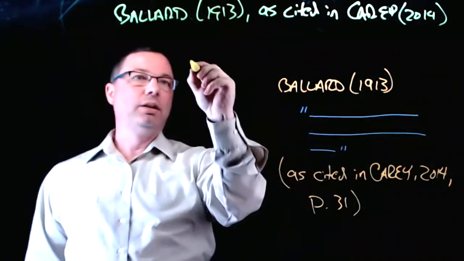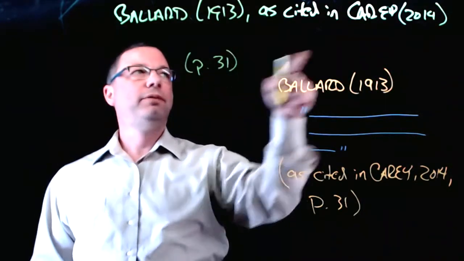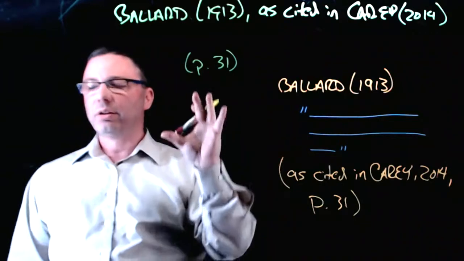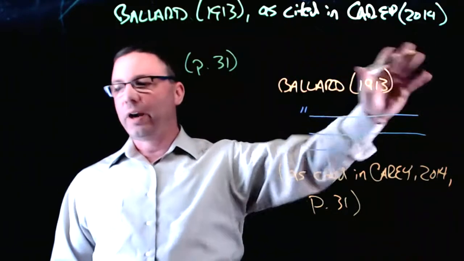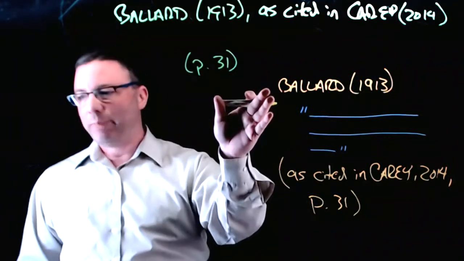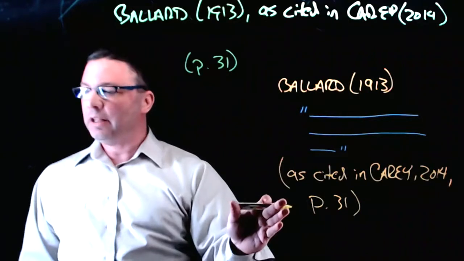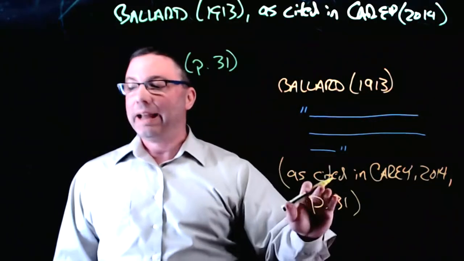And then at the end, you're going to have to put your page number, 31, of Carey. But you can either list your "as cited in" as part of your signal phrase before your quote, or you can connect your quote to Ballard, and then in your page number or your location information, you can provide "as cited in Carey 2014."